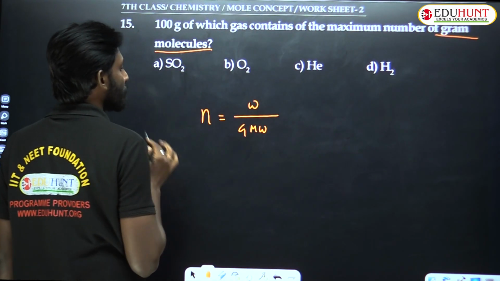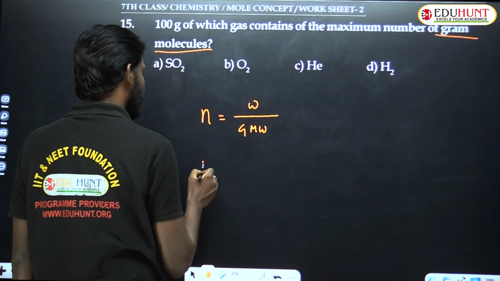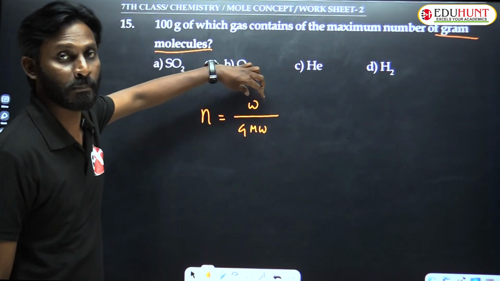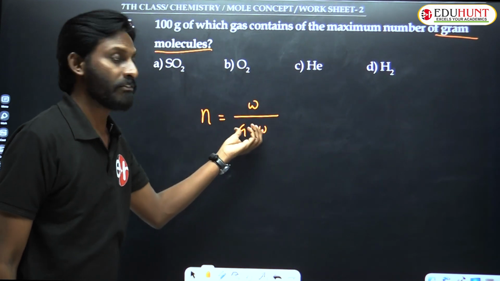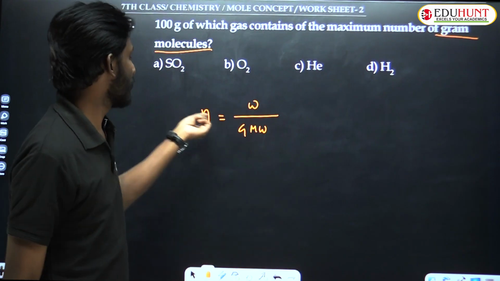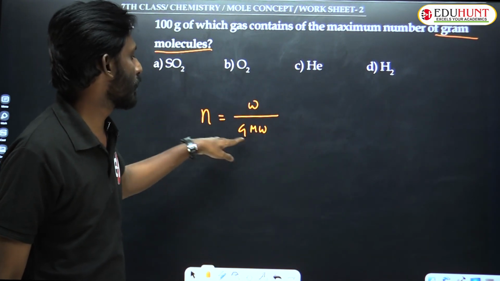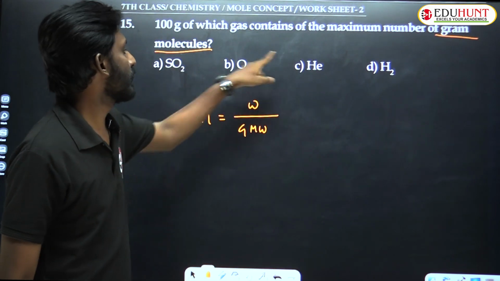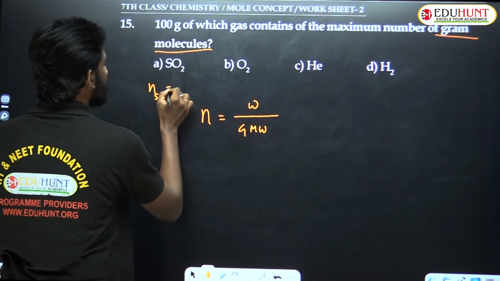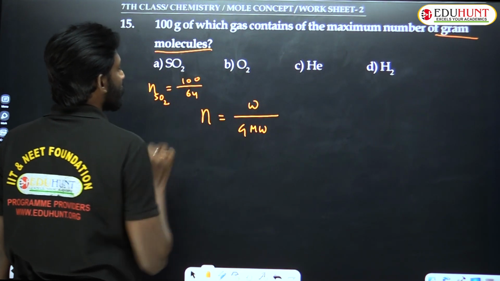The point is, for all of them, the weight is fixed. Weight is 100 grams. So obviously, for the gas for which the molar mass is the smallest, the moles will be high, because gram molecular weight is in the denominator. Among these, the number of moles of SO2 is 100 by gram molecular weight of SO2, 64.